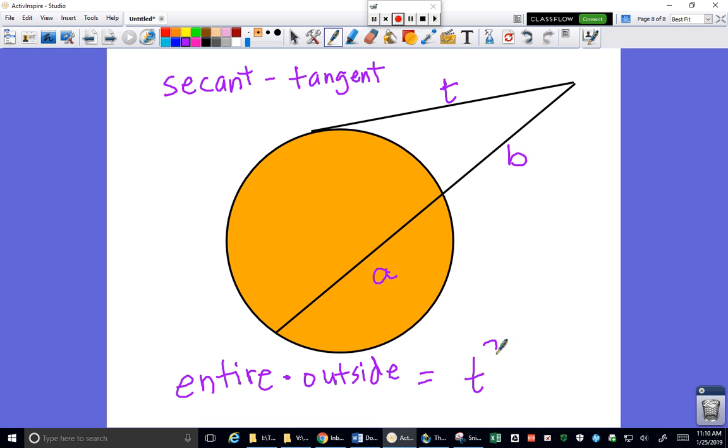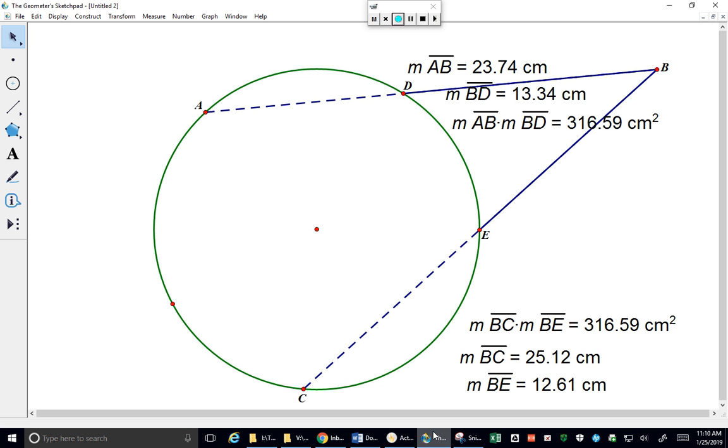So tangent squared. Multiply it by itself. So that looks like A plus B times B, the entire length times the outside, equals the tangent squared. That's the relationship there.